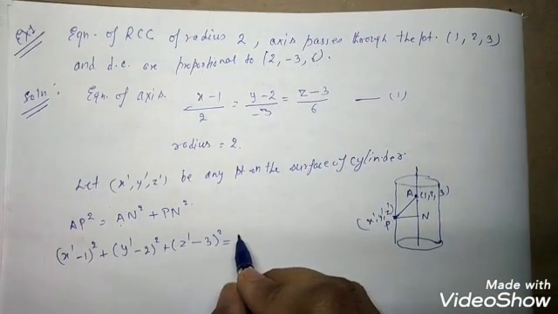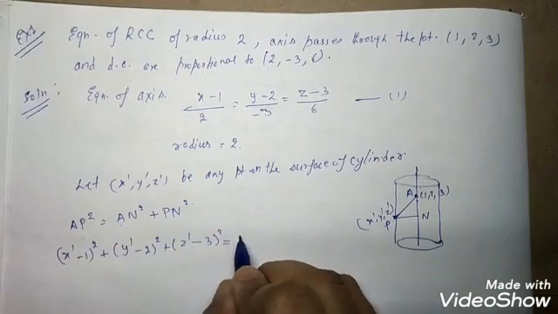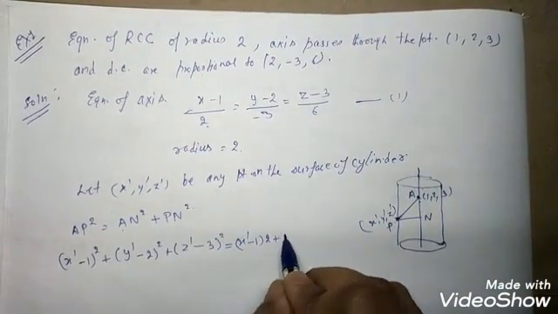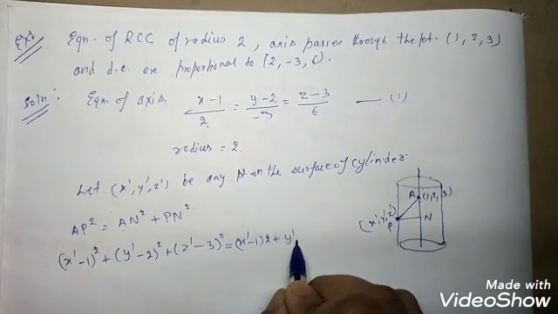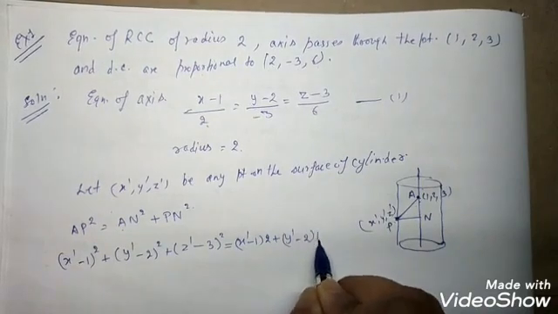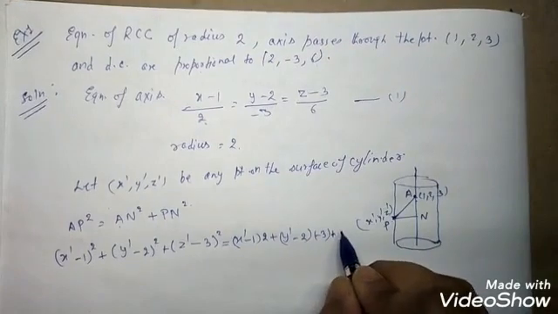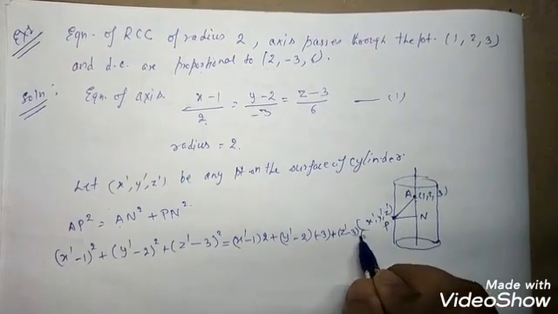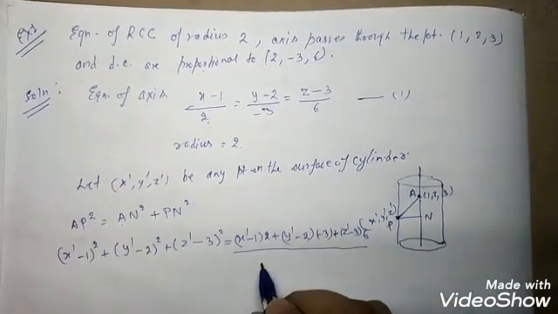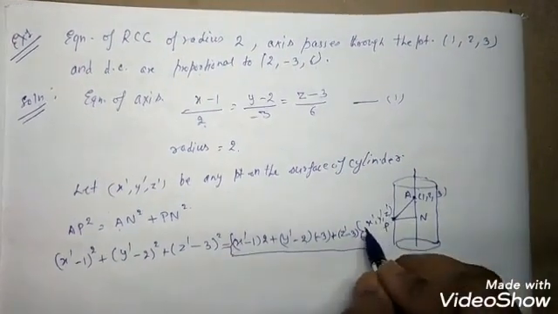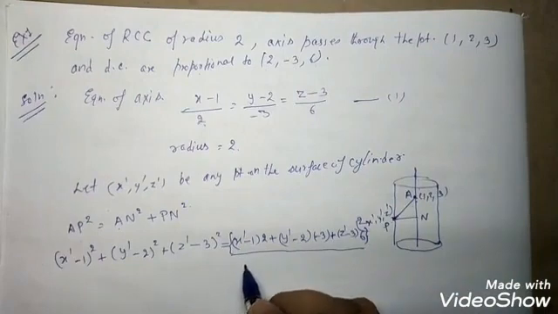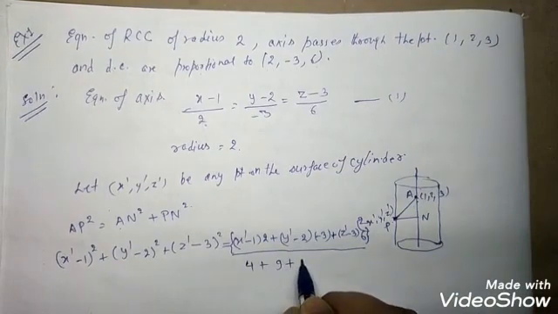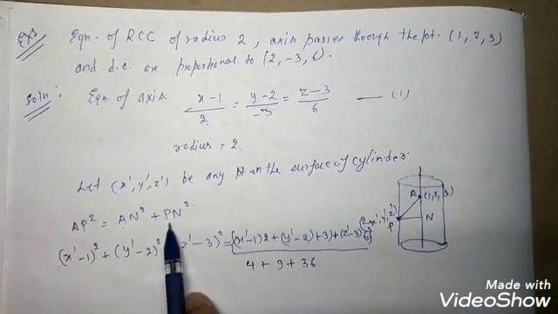So this will be (x dash minus 1) multiplied by 2 plus (y dash minus 2) multiplied by minus 3 plus (z dash minus 3) multiplied by 6, and this whole square upon L square, that is 4 plus 9 plus 36, and plus PN.